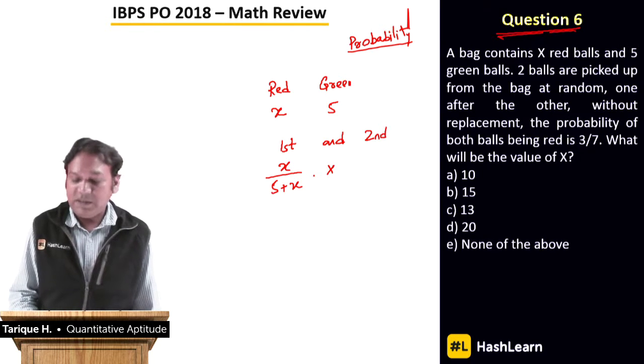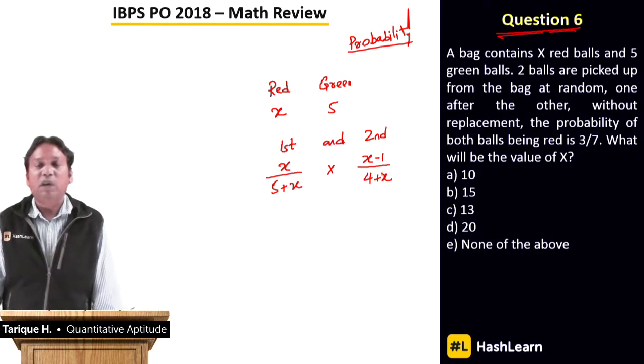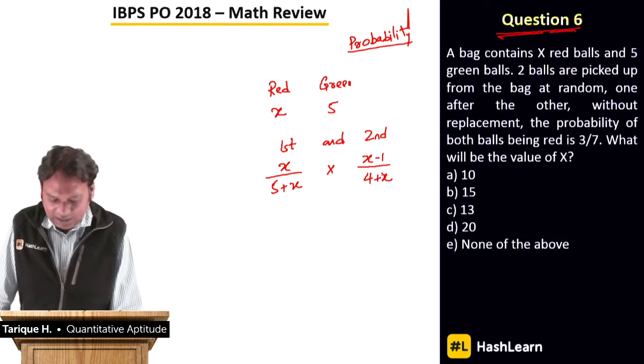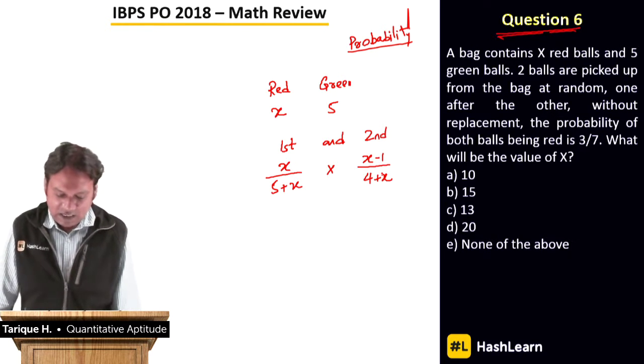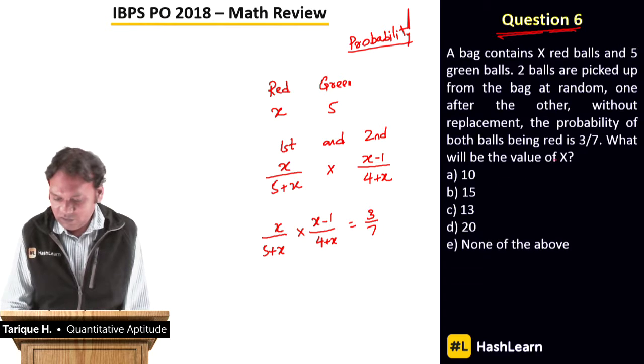If the first ball has been taken out, the number of red balls remaining would be X minus 1, and the number of balls remaining would be 5 plus X minus 1, that is 4 plus X. So we have X minus 1 by 4 plus X, and this is given to you as 3/7: X by 5 plus X into X minus 1 by 4 plus X is equal to 3/7. What is the value of X?